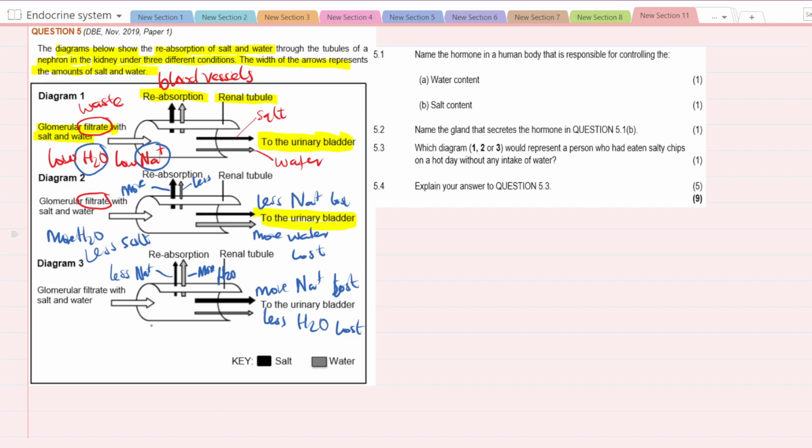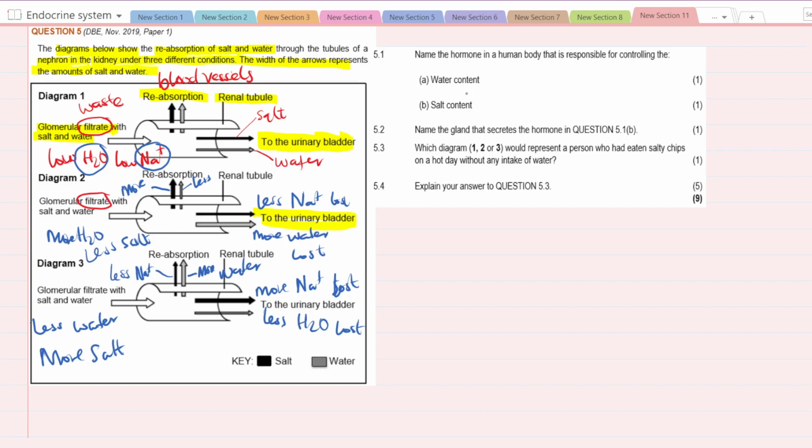So what does this tell us? It tells us this person had less water in the body and more salt, because less salt is being reabsorbed and more of it is being lost.